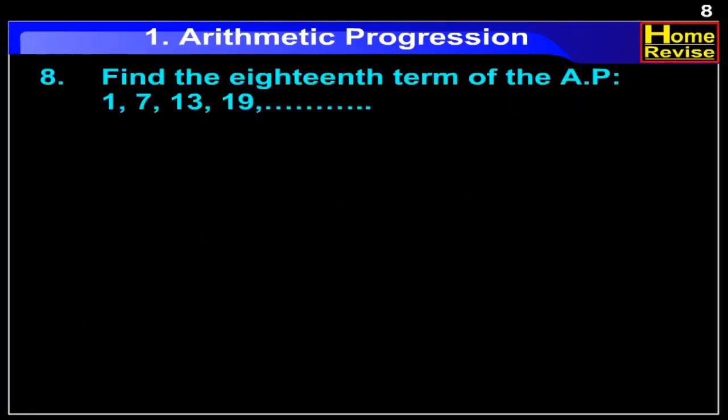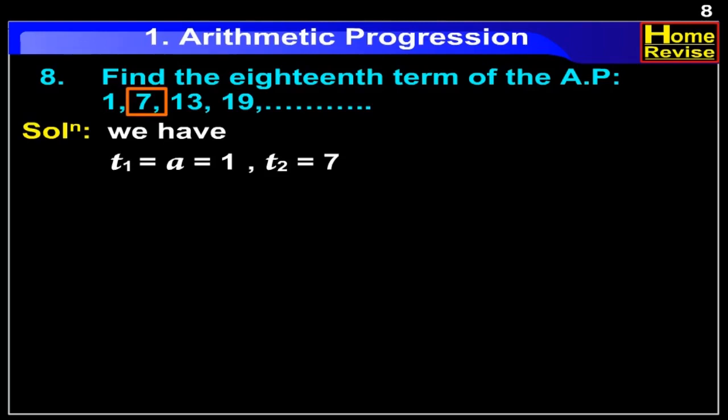Find the 18th term of the arithmetic progression 1, 7, 13, 19 and so on. Solution. Here we have T1 is equal to A, which is equal to 1. And T2 is equal to 7, T3 is equal to 13 and T4 is equal to 19.